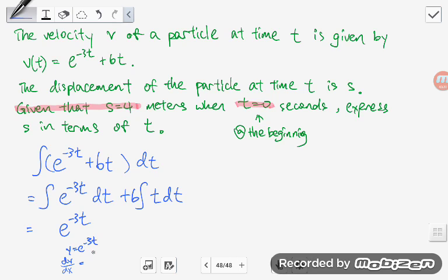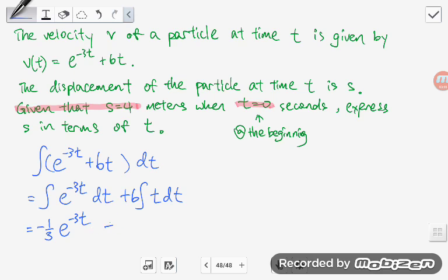If I differentiate this, I get e to the power of negative 3t, but I also have to differentiate the negative 3t, which gives me a negative 3. So I'll get this byproduct, which means I need to take care of it by having a negative 1 over 3. That will take care of the negative 3.